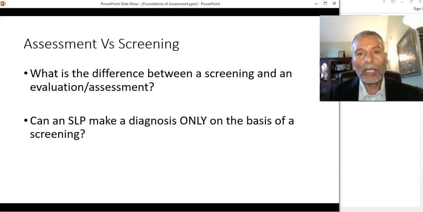Like I said, if I have 50 or 60 children on my caseload, and I spend all this time testing so many people, I wouldn't have enough time in my schedule to actually provide therapy for the ones who need it. So the screening increases our suspicion that there is a problem, that we need to spend the 2 or 3 or 4 hours that we spend doing the evaluation.